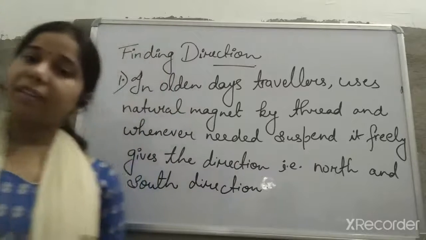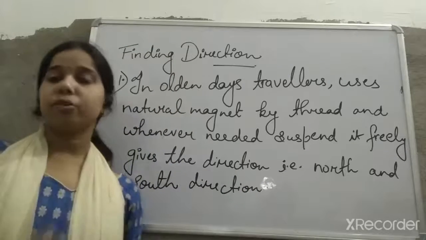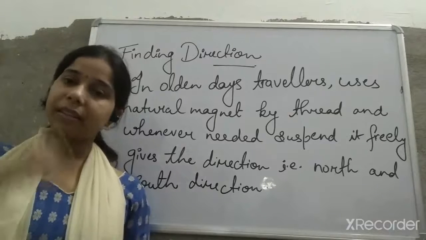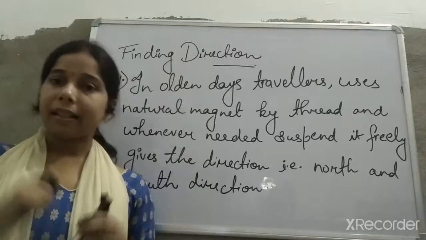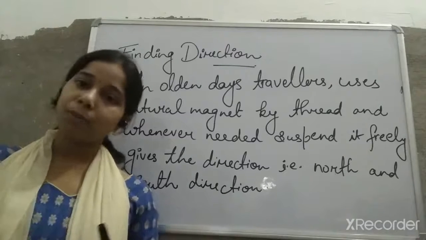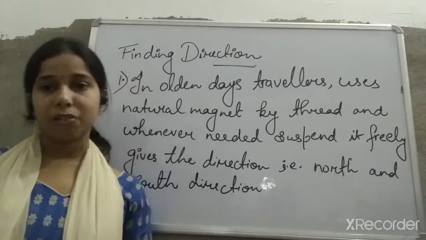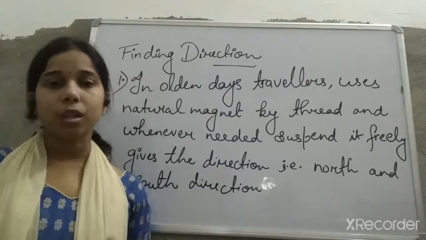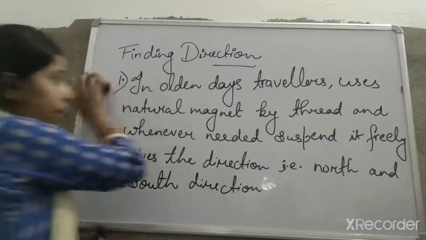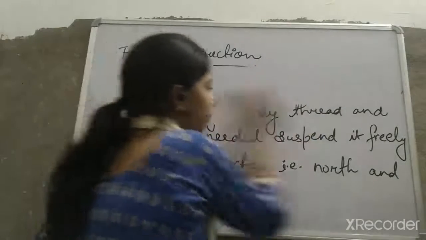Okay, so when they freely suspend the natural magnet which is tied with the thread, it will align itself in the north pole and south pole, by which they get the direction, that is the north and south direction, students. Now you see the other place where it is used, students.